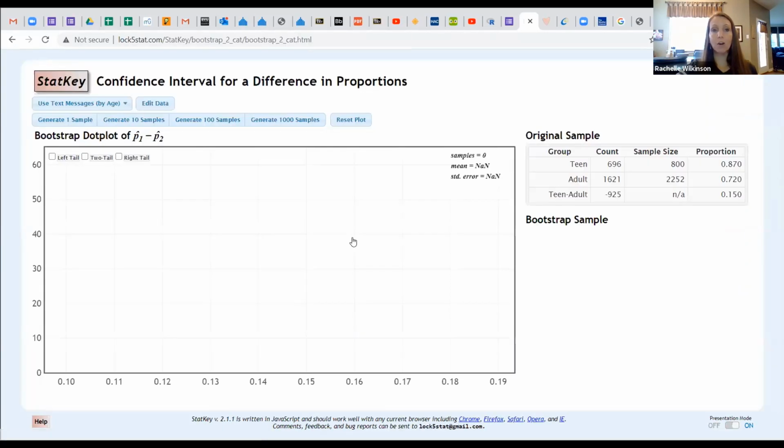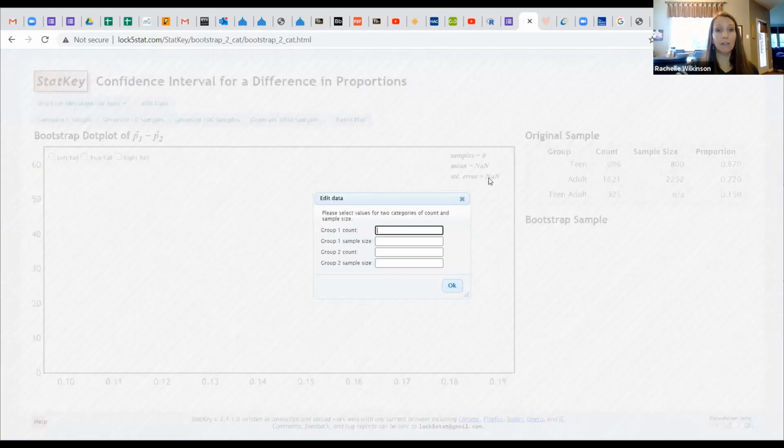And once I get this open, I'm going to need to input my data. Now, categorical data is different from quantitative data, because you don't need the whole data set in order to analyze it, because the whole data set can be summarized just by those numbers that went into our proportions. So if I click on Edit Data here, I'm going to enter in that data that we used to construct those sample proportions. So group 1 was my females.